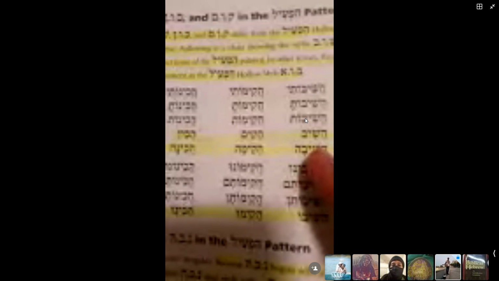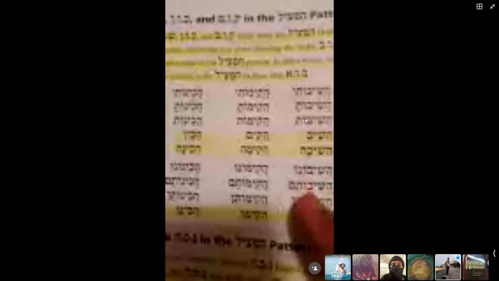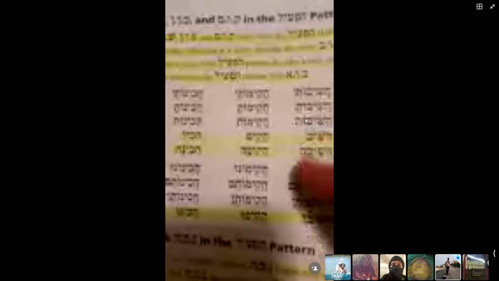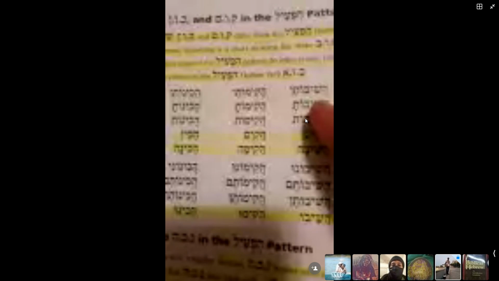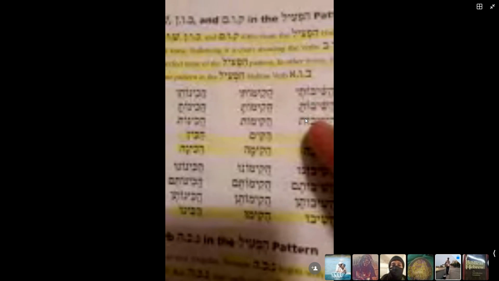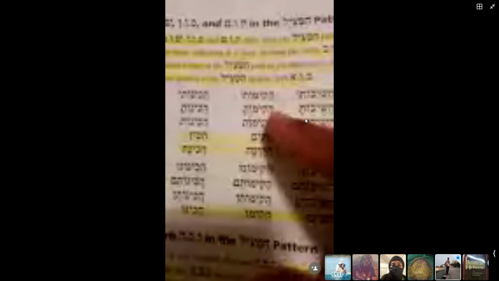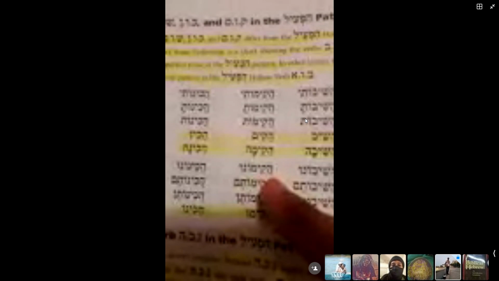And then you have here hashib, hashiba, hashibonu, hashibotem. But the thing is, this is the one way that it can be said. It could also be said heshab, right? Or hepam, right? It doesn't have to be said like this. There's another way that you could say it.